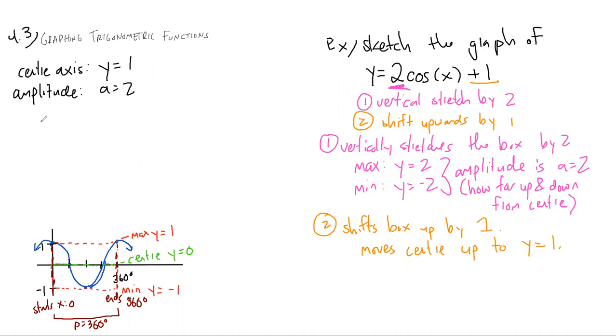And then my starting point and my period are unaffected. There's nothing going on inside the function. So those should both be in degrees. That right there is exactly the information that I need to draw that box. And so I should be able to put that together.